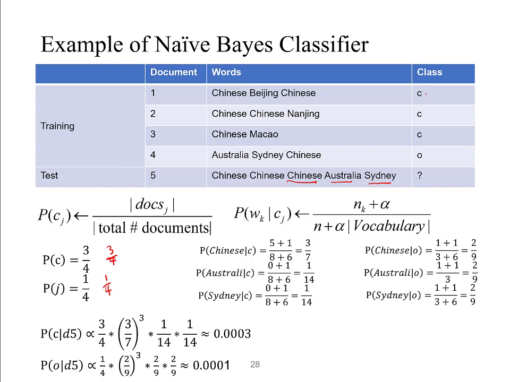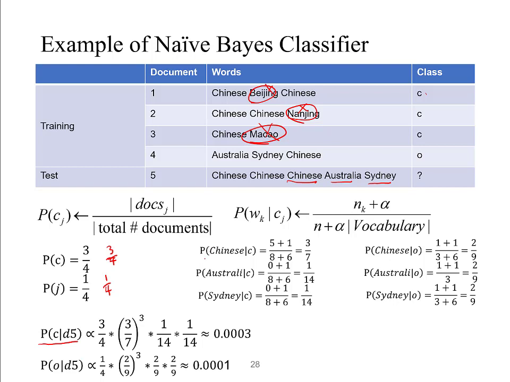That's why for other words, for example Beijing, Nanjing, and Macau, we don't need to compute their corresponding probability given Cj, because they are not involved in the computation of these 2: C given document 5 and O given document 5.